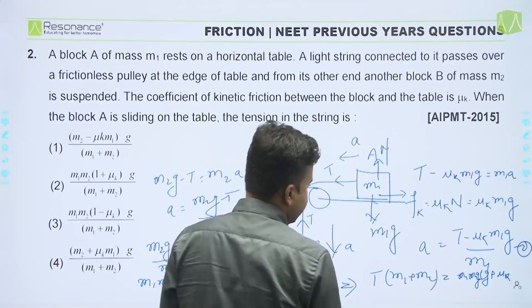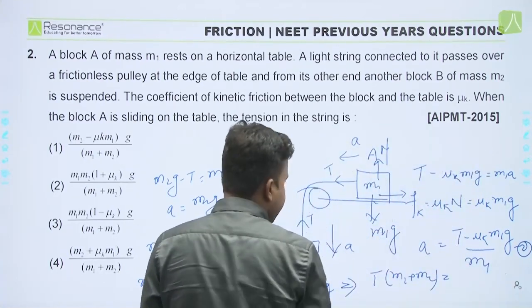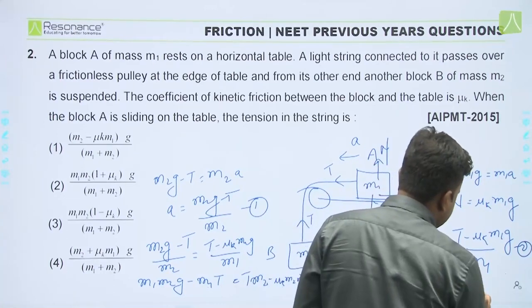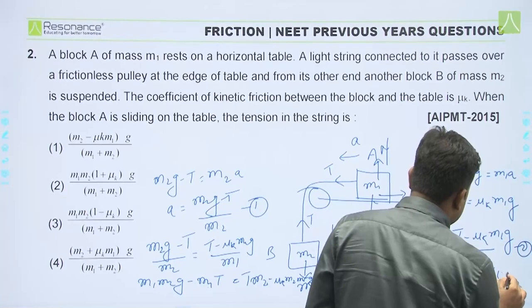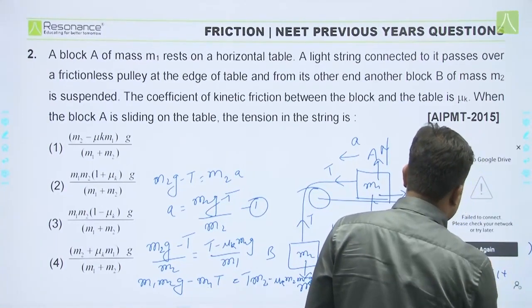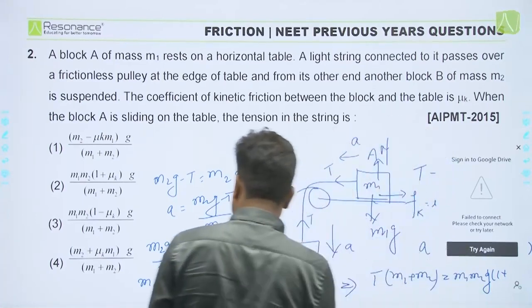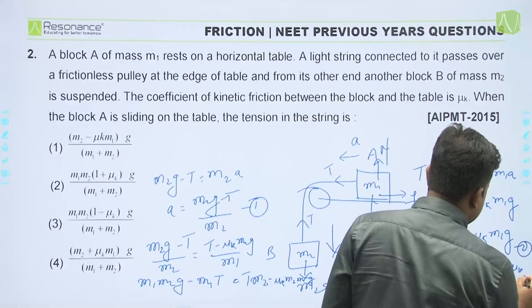I am writing again. So what we can write here, m1 m2 g into 1 plus mu k.